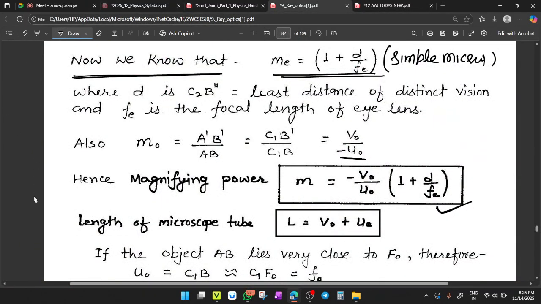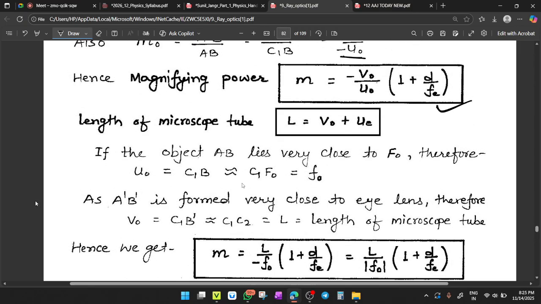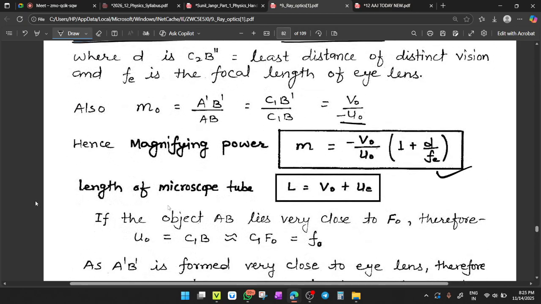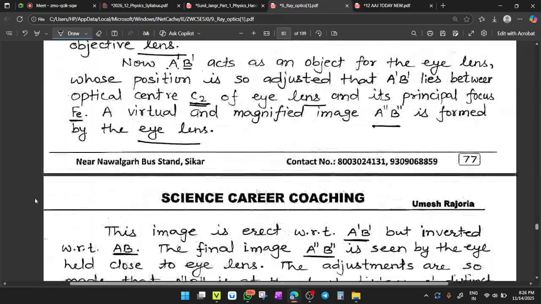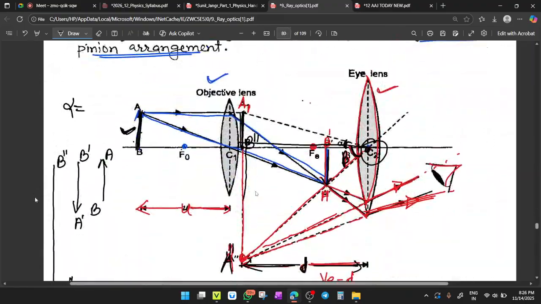Clear or not? Okay. Now, the length of the microscopic tube. By the diagram, you can find the length of the microscopic tube here. This is the image formed by the objective lens, so it is said to be VO.